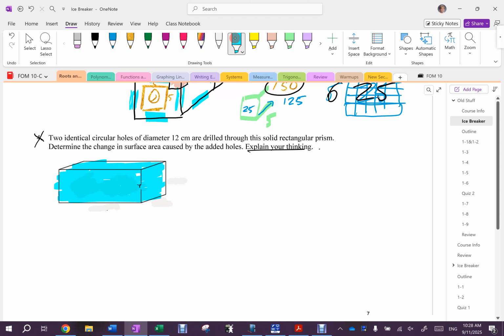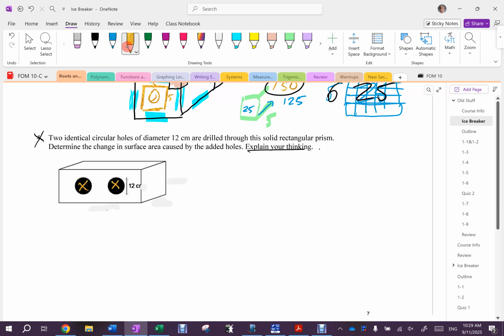Now I'm going to cut a hole in it. These holes now can't take any more paint, can they? So I'm going to lose that surface. Agreed? Which means my surface area should go down, shouldn't it? Except I drilled those holes all the way through, didn't I?